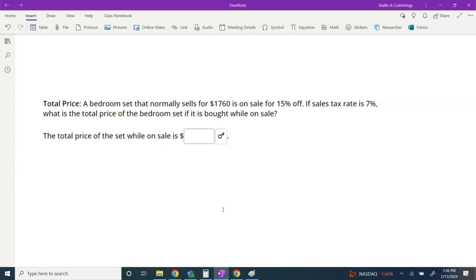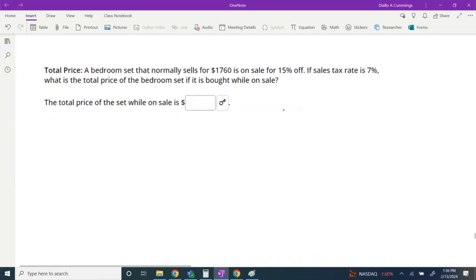So we're going to do this in 2 steps versus doing it all in 4 steps. So the first thing I want to do is find 15% of the 1,760, right? Since this is on sale, this will be a percent decrease, right? So I'm going to take 100% minus 15%, and that's going to give me 85%, right?